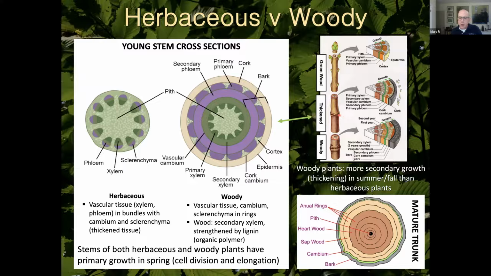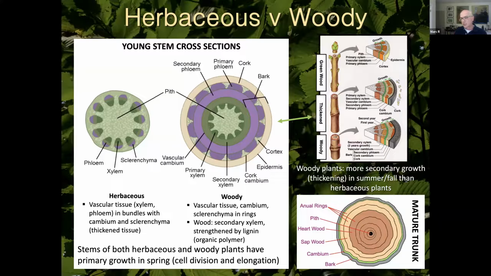Toward the end of the fall, the secondary xylem forms, and you can see how the vascular tissues in woody plants are arranged in rings instead of in bundles like they are with this cross section of an herbaceous plant. This secondary xylem gets lignified as it thickens.